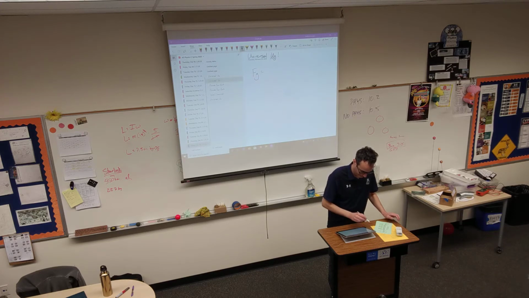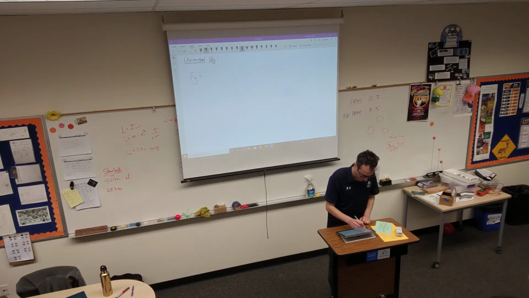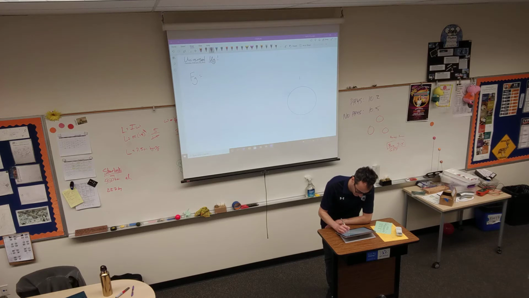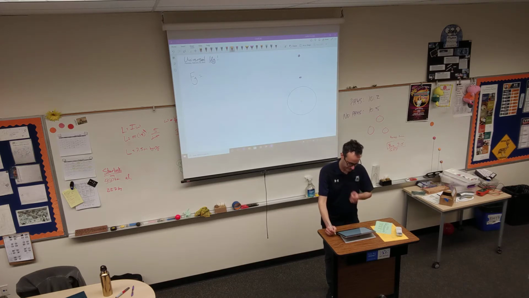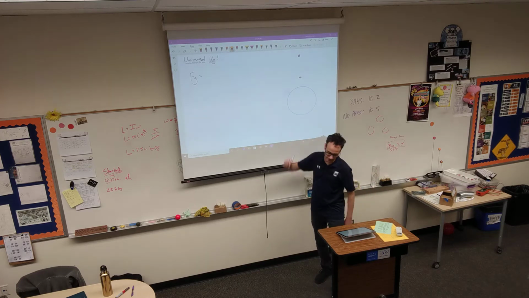That brings me then to, so if I've got the Earth, and I've got some object that goes from here, its initial position, to here, its final position. We're going to measure everything from the center of the Earth.